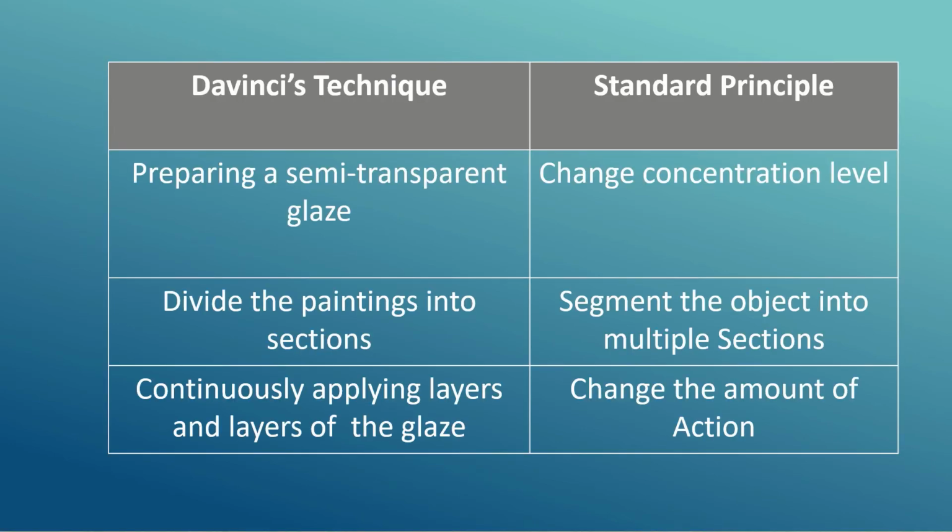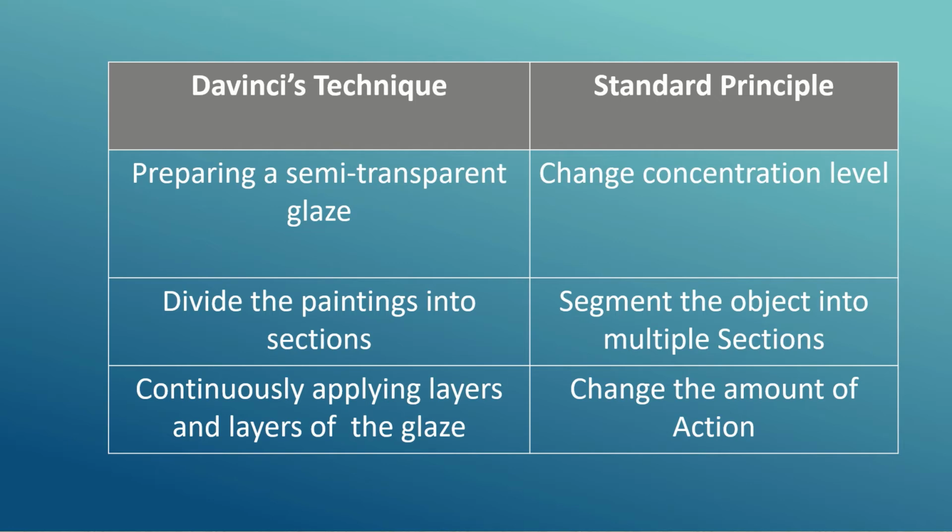Going back to the way Da Vinci created the sfumato, we map each step to one of the 84 parameters. For example, preparing a semi-transparent glaze, what Da Vinci did here was he changed the concentration level of the pigments in the colors that he used to eliminate sharp transitions. And we have a standard principle or a parameter for that, that is change concentration level.